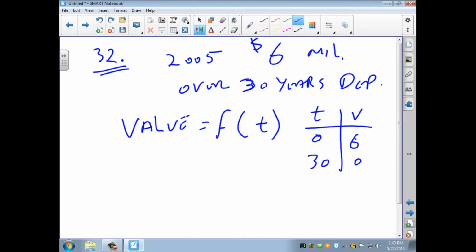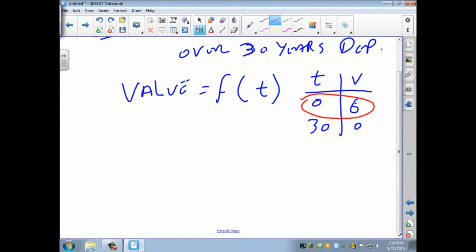Or I would realize that when t is equal to 0, remember your graph is like this. Here is t, here is the value. Your function starts from the value of 6 million, and it goes down.